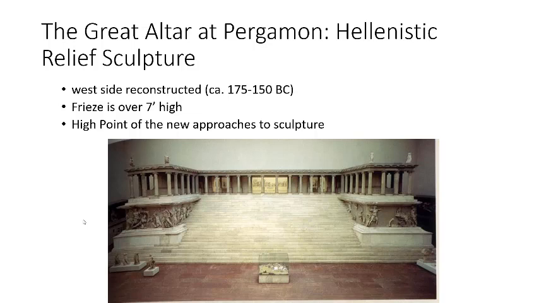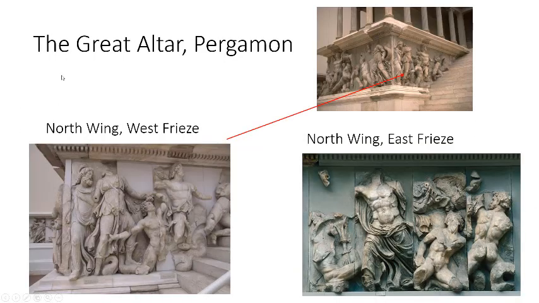The west side has been reconstructed, and that frieze is over 7 feet high. Here we go. North wing of the west frieze, which is right here. These are the figures that you would see, and here's the east frieze of the north wing.